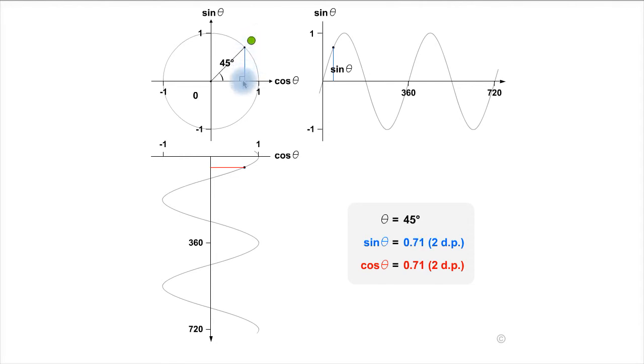The size of this blue line, the y value, is the same as this line on the graph. You can see the sine graph being plotted as I continue to move this green dot around. This point at 1 is the maximum value, and then it starts to decrease again, goes down and back up and around.